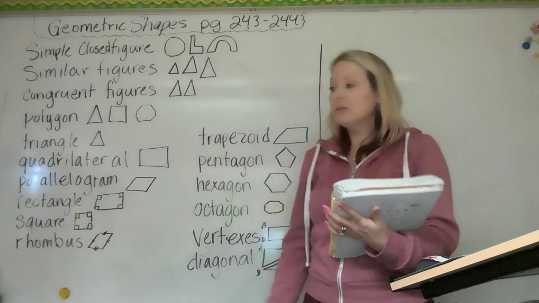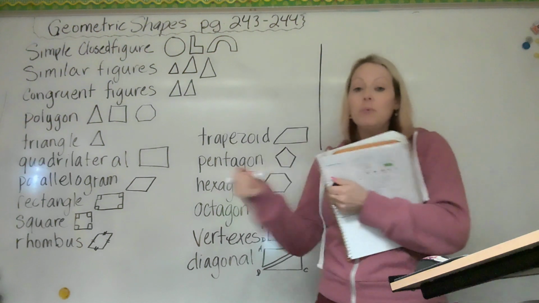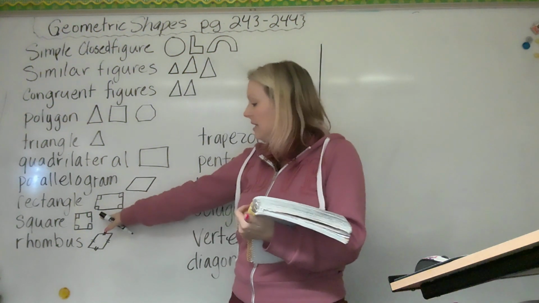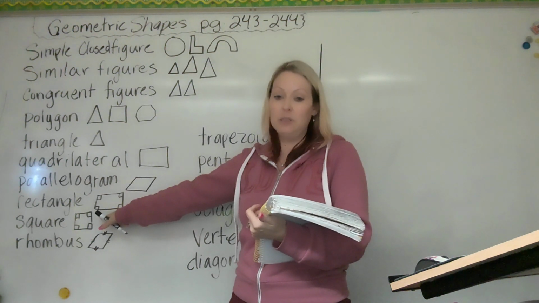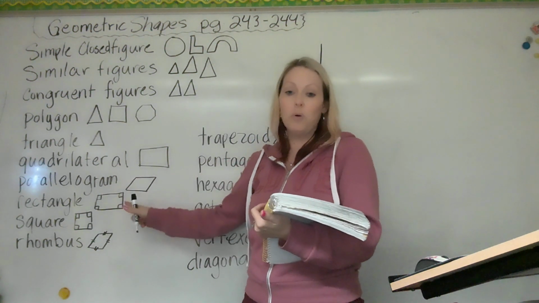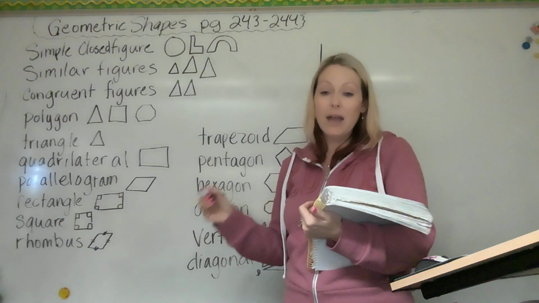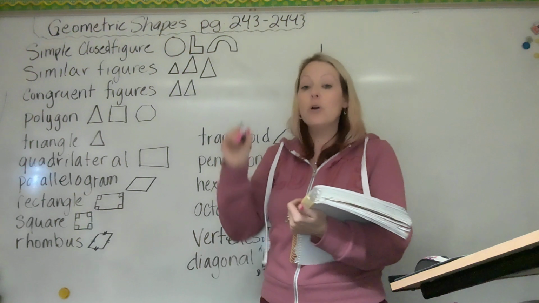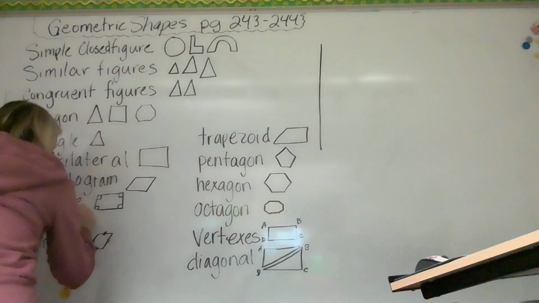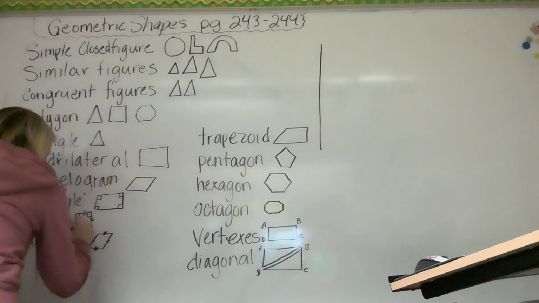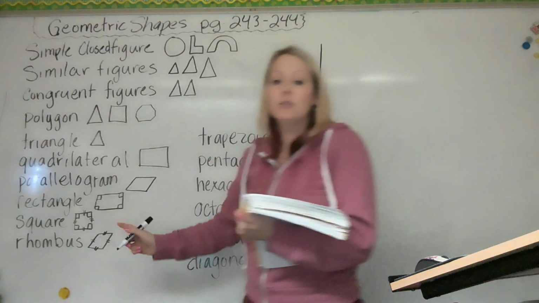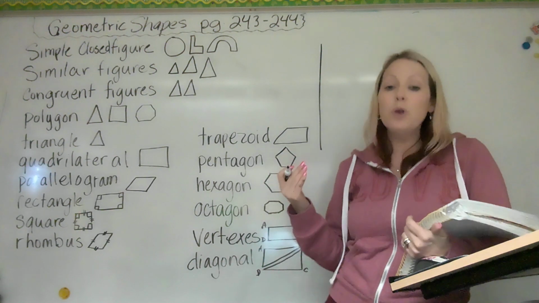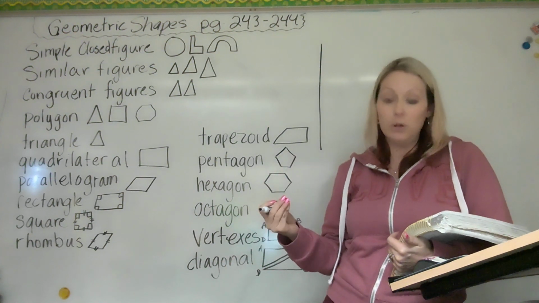Okay, then we also have our square, and I wanted to show you because it is hard for me to write, but if you see the square, we obviously have the square, which also has the four right angles, but a square actually has four equal sides, and that is put together by these little lines. Okay, so see what I put there, the little lines? So if you see those lines, you know that those sides are equal, okay?